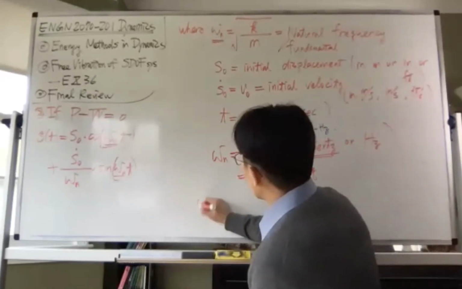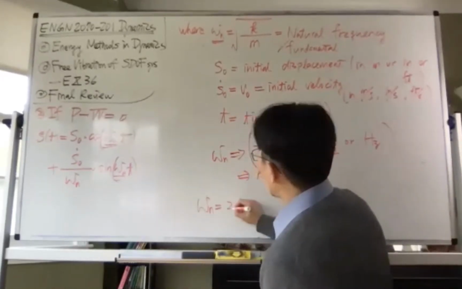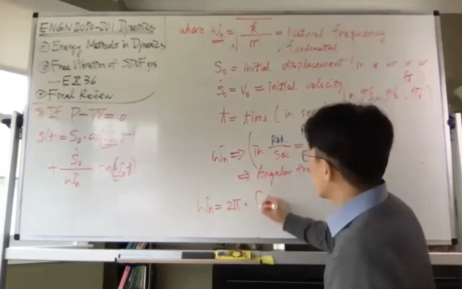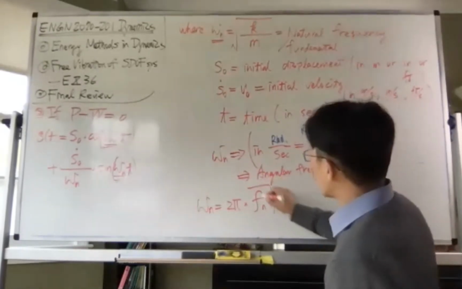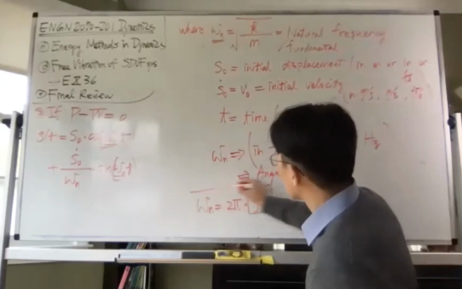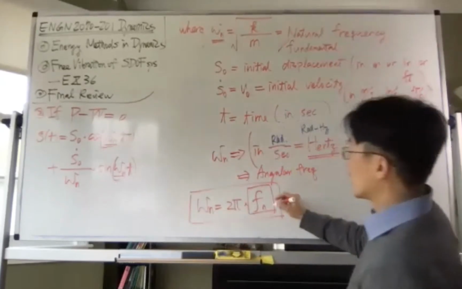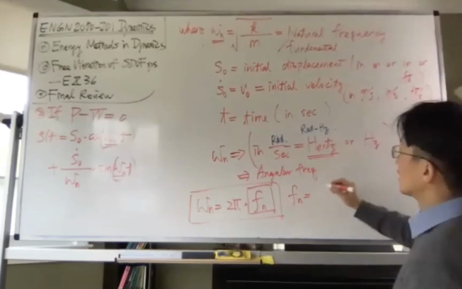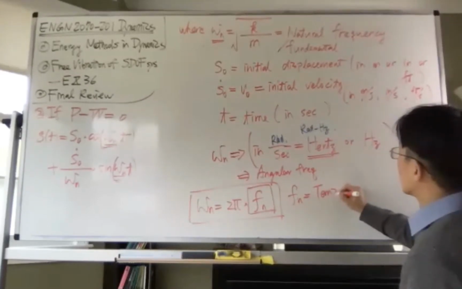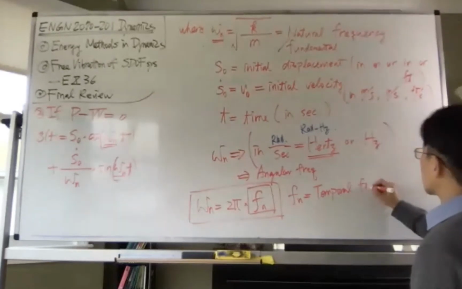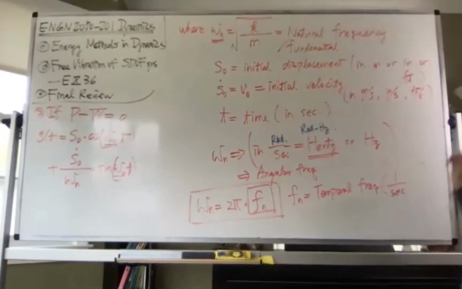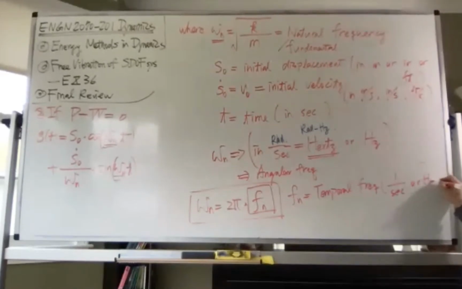And they are related by omega n equals 2 pi, this is the conversion factor, of course, times f n. So the one that we are used to in everyday life is actually this f n. So f n is temporal frequency, and this temporal frequency is in the unit of 1 over second or hertz.